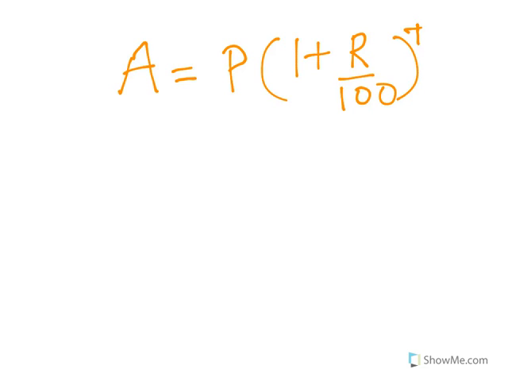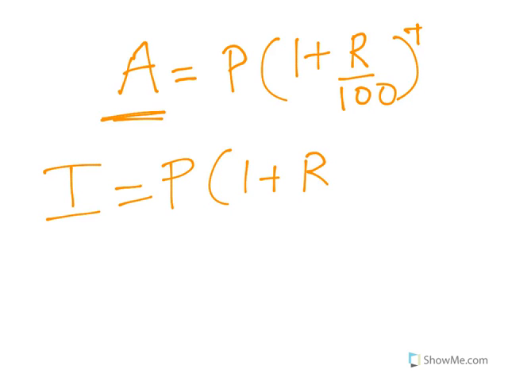Again, remember, this gives you the amount. It does not give you the interest. To get the interest, you'd have to do P(1 + R/100)^T minus P.